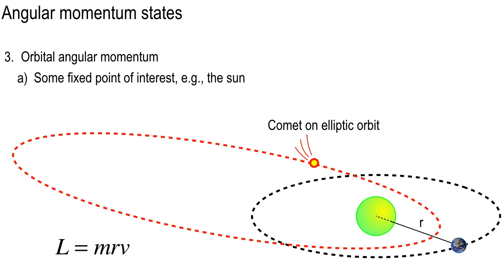But there is one thing that you can say about an elliptical orbit, and that is the angular momentum is conserved. It is always the same for any gravitational orbit. Go ahead and make a note of that. The orbital angular momentum is conserved for any gravitational orbit.